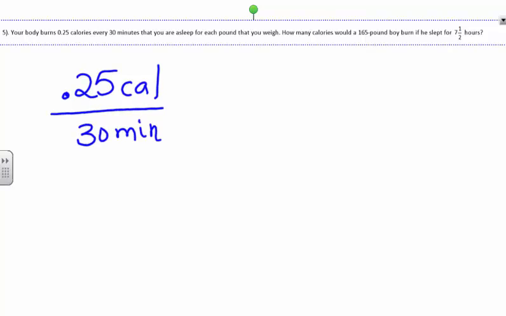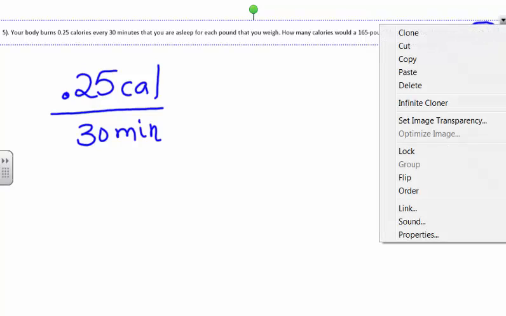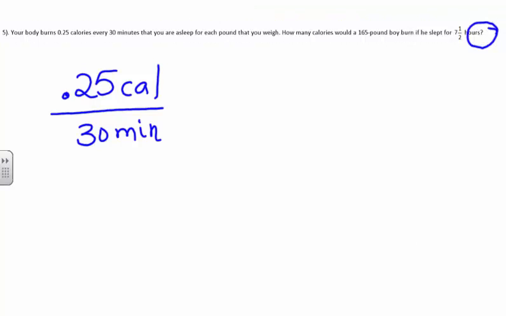But in the end, we're looking for hours, so we need to convert this to hours. So what we're going to do is set up another ratio. Since minutes are on the bottom and we want to eliminate it, we're going to put minutes on the top and we're trying to end with hours. What's the relationship between minutes and hours? There are 60 minutes in 1 hour. So now this is supposed to be multiplication.